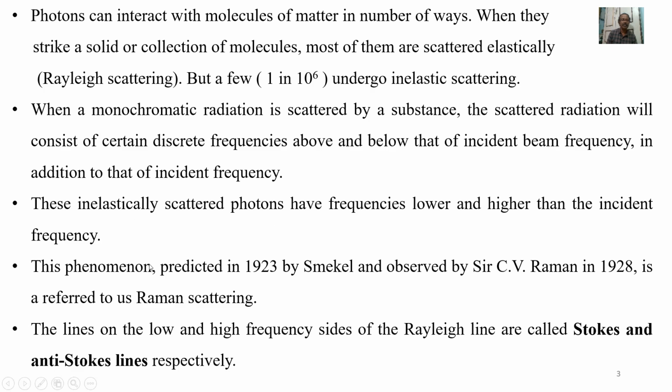This phenomenon, predicted in the year 1923 by Smekal and observed by Sir C.V. Raman in the year 1928, is referred to as Raman scattering. The lines on the low and high frequency sides of the Rayleigh line are called Stokes and anti-Stokes lines respectively.